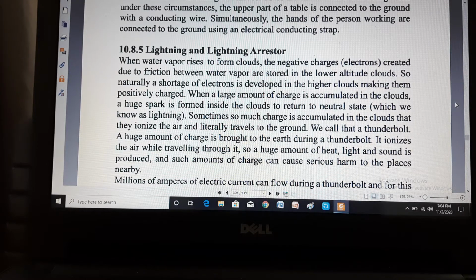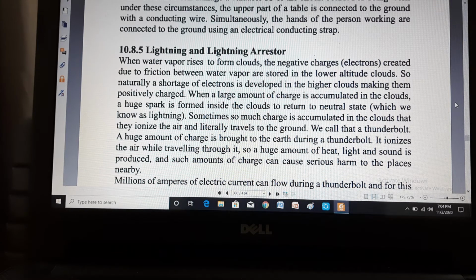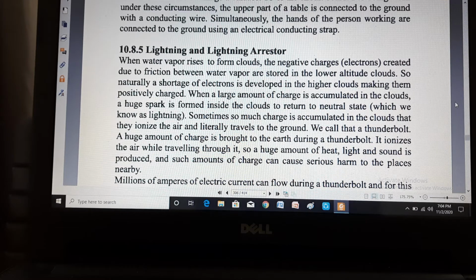When a large amount of charge is accumulated in the clouds, a huge spark is formed inside the clouds to return to a neutral state, which is known as lightning. Sometimes so much charge is accumulated in the clouds that it ionizes the air and literally travels to the ground.